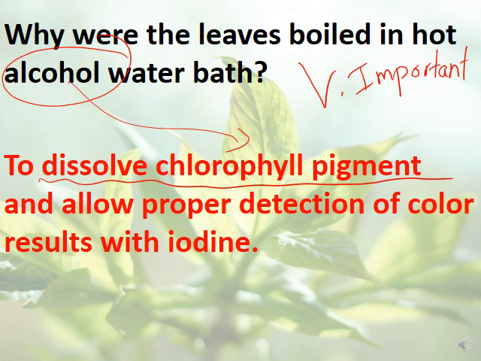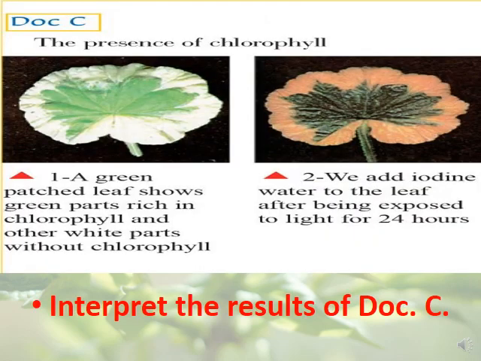Now let's move to the experiment in document C, the presence of chlorophyll. Chlorophyll is the green pigment that gives the green color of the leaf. Here in figure 1 we have a green patched leaf, a leaf that has green parts.